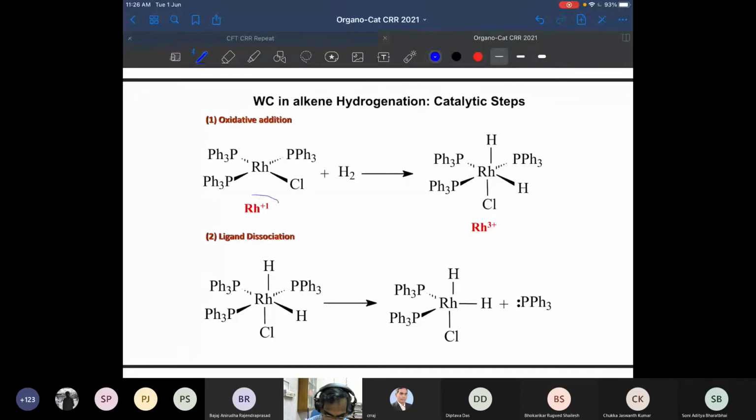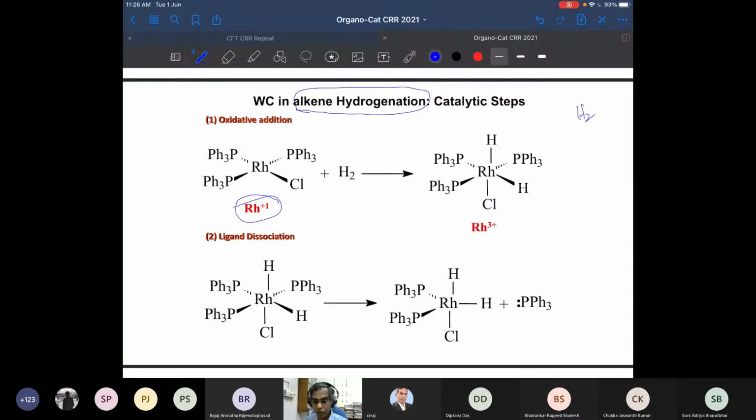Right. Rhodium +1. The first step is the oxidative addition. What is the reaction that we are talking about? Alkene hydrogenation. So what you need is hydrogen. So the initial oxidative addition goes here.